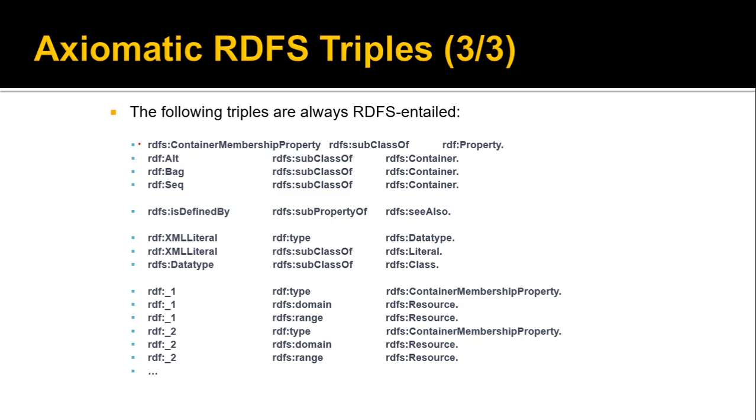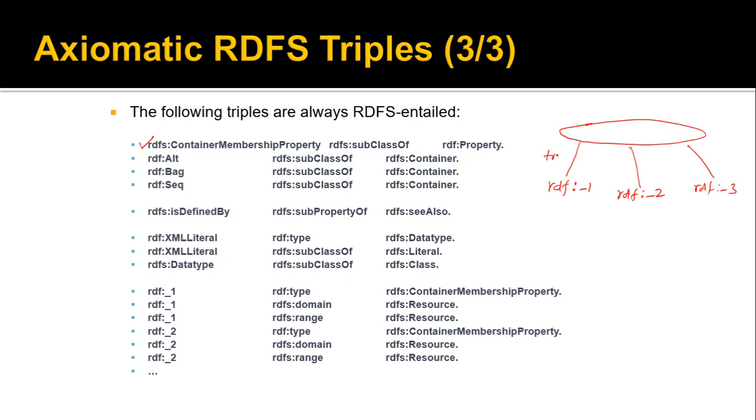Let me talk about this a little bit. This RDFS container membership property. So if you can remember while we discussed the RDFS vocabulary, this container membership property is a class of all the properties of the form like say rdf:_1, rdf:_2 and rdf:_3.